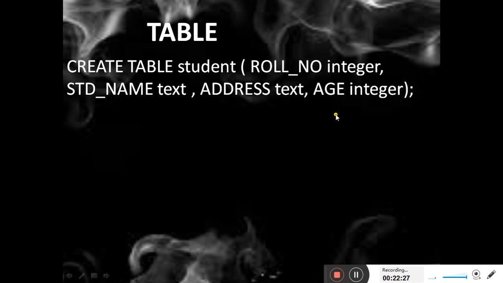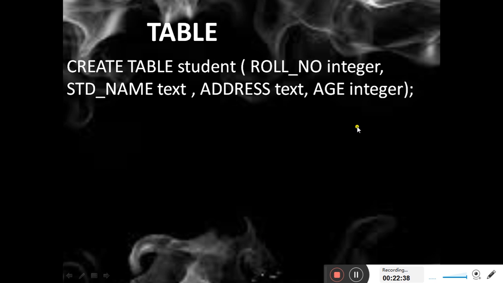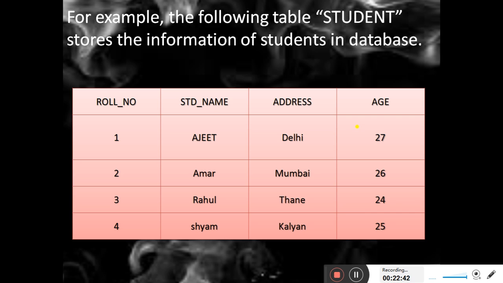See this table. This is the student table with roll number, student name, address and age. We have decided the names here, and this is decided by the user. And the data type is the type of data you are going to insert.